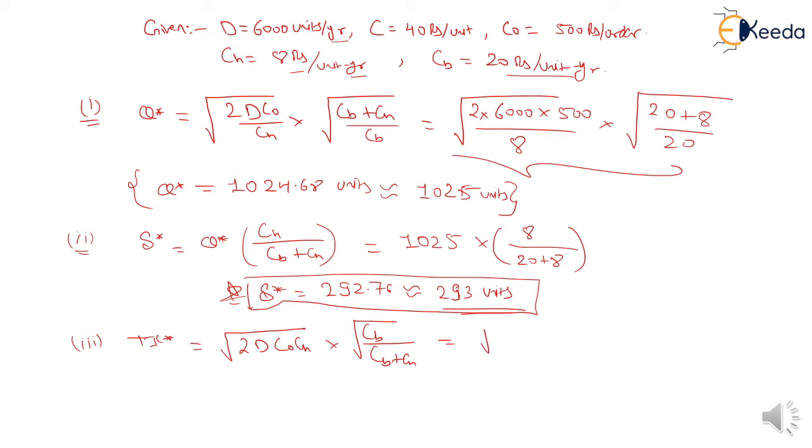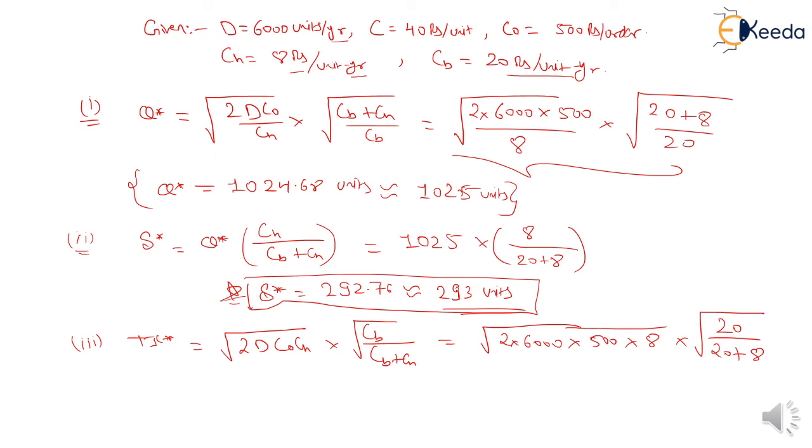Putting the values: under root of 2D, where D is 6000 units per year, C0 is 500 rupees per order and CH is 8 rupees per unit per year, into under root of CB, which is 20 rupees per unit per year, upon CB 20 plus CH 8 rupees per unit per year.